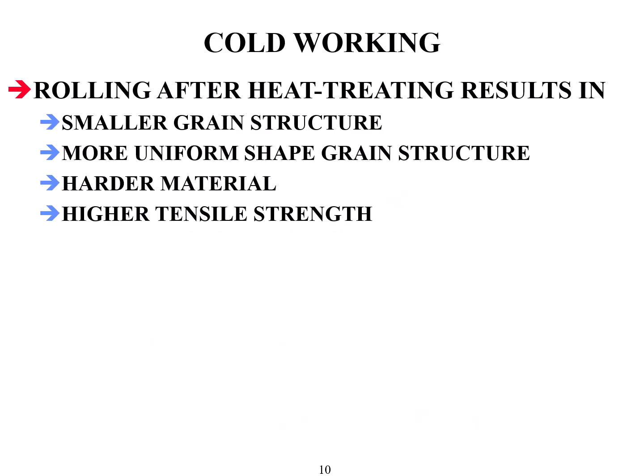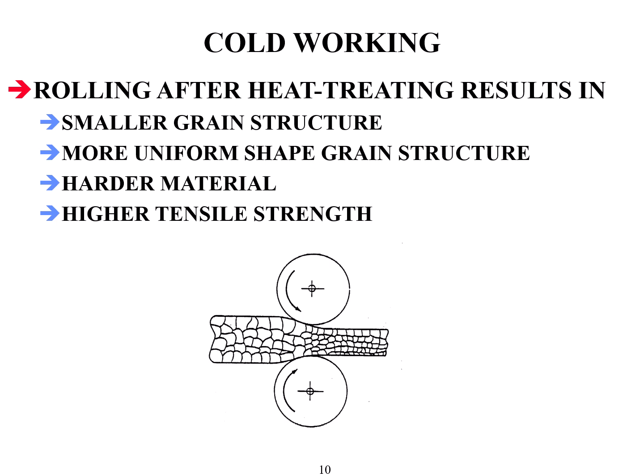Remember from your earlier studies in general subject matter, cold working is changing the shape of a material at room temperature. Now, cold working is generally done after the heat treating results. What it produces is a smaller grain structure. And the smaller and the more uniform the grain structure is, the less brittle the material is and the stronger it is.